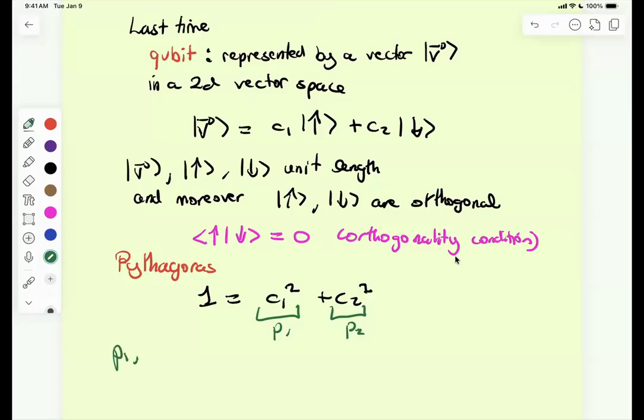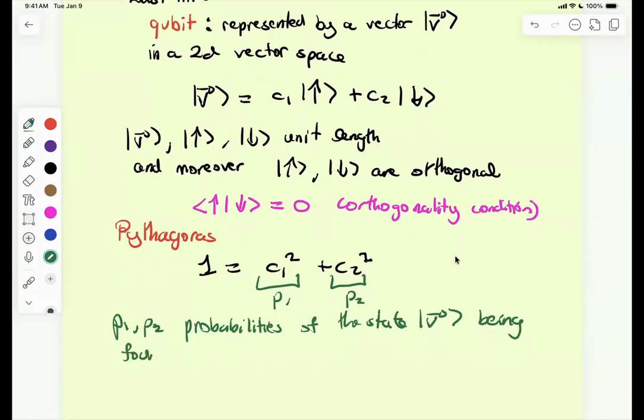But again, I'm not going to get into too much of that. It's just motivation. So P1 and P2 are the probabilities of the state V being found in its being upward now.